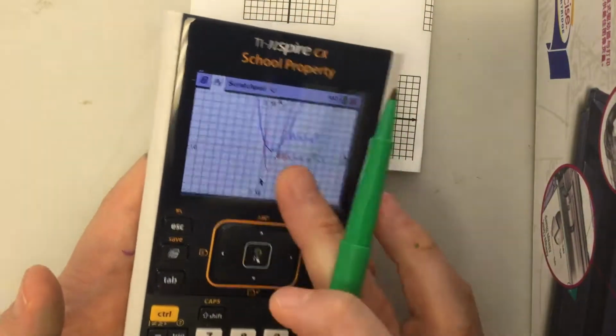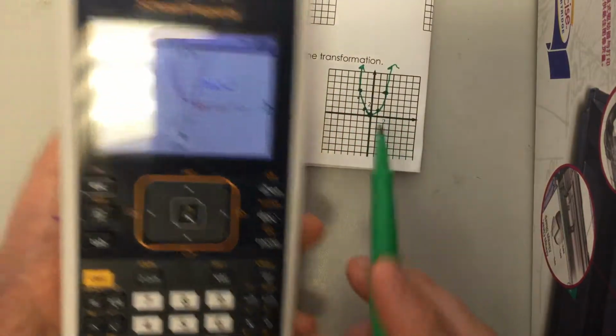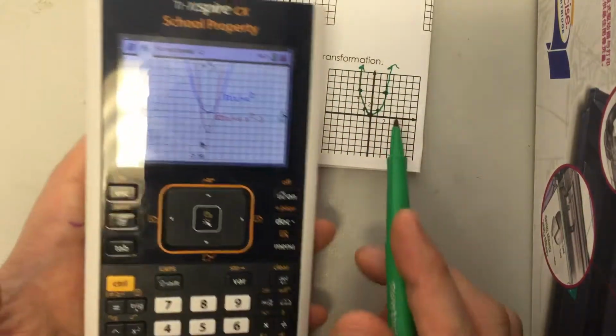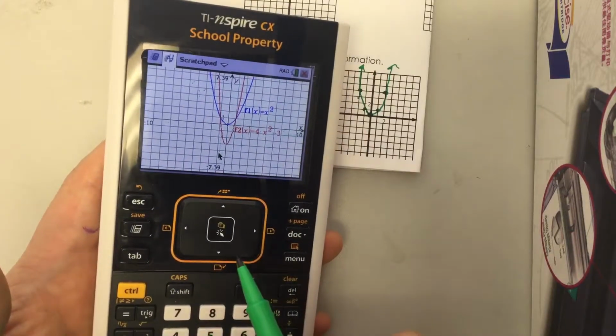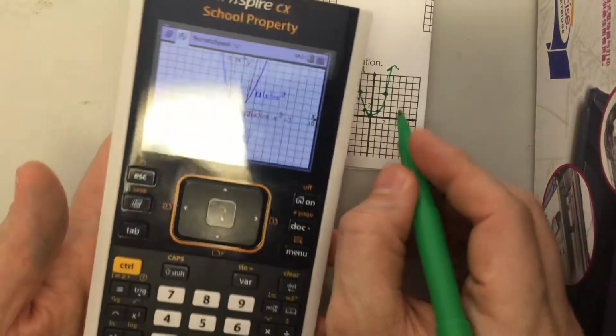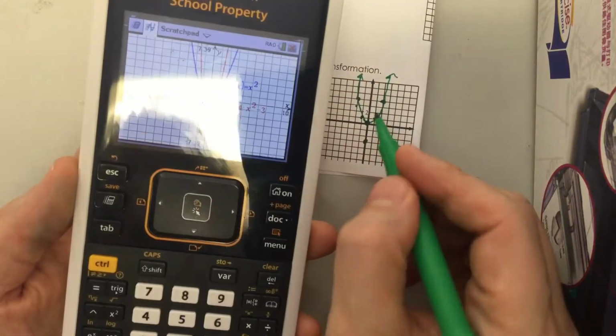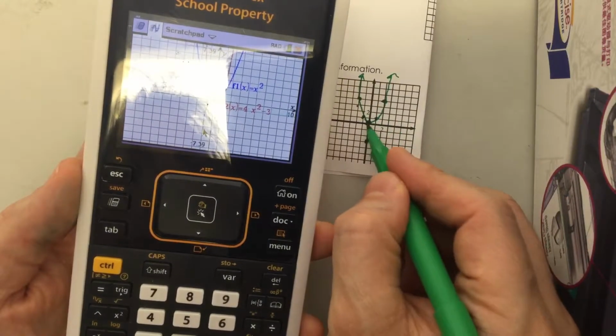Describe the transformation. Okay. Technically, you could just get it from your calculator and write it down. I'll do this one on the sketch, but on the second one, I'm not even going to sketch it. I'm just going to do it in the calculator and show you. And you can write it down. So this one, it went down 3. And it goes through here, it looks like. Pretty close, at least.